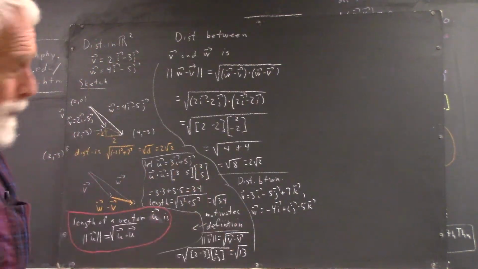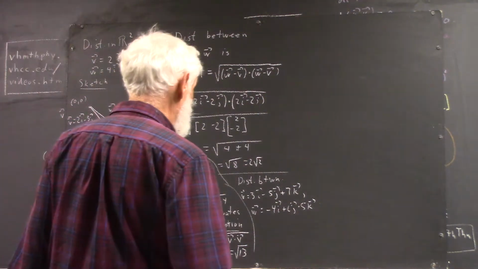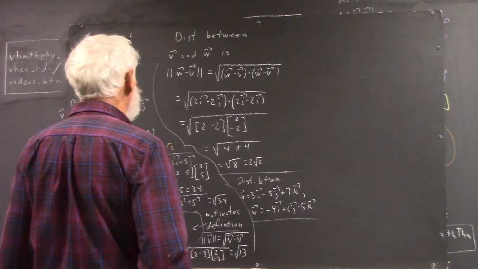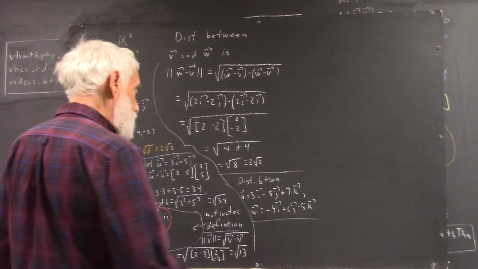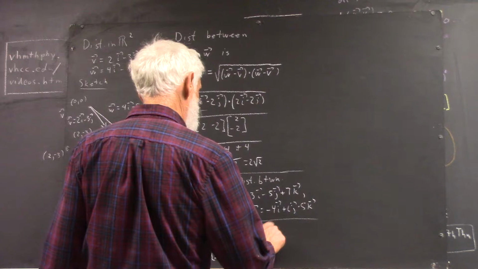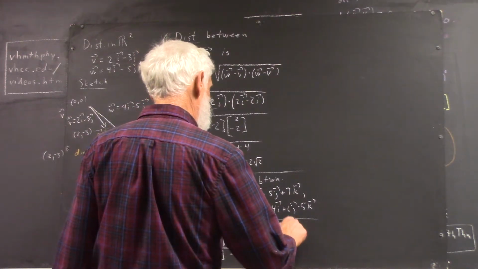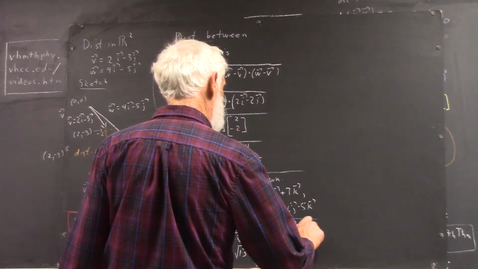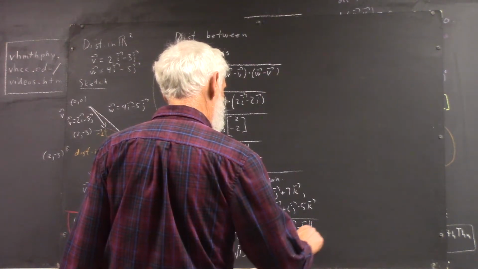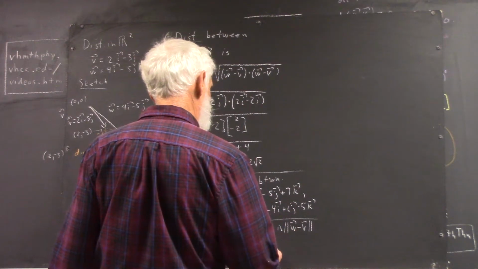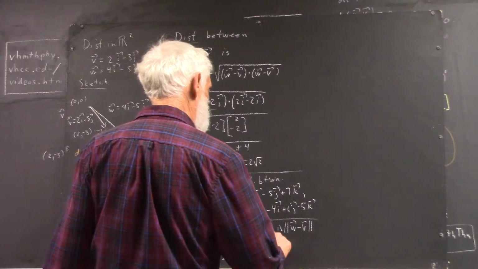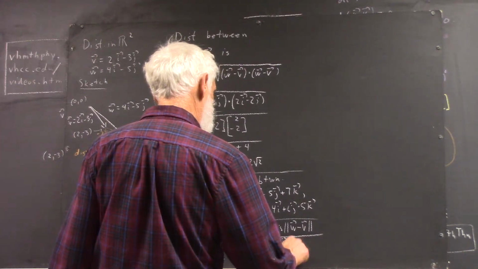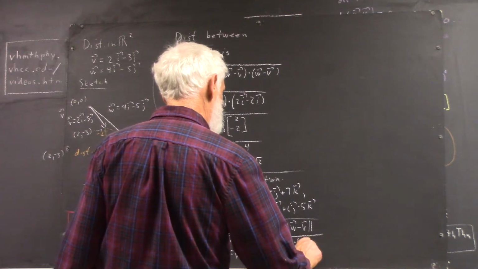Now, it's going to take a minute to write this out, so I hope you have, because I'm going on. Okay, well, distance is magnitude of w minus v equals the square root of w minus v dot w minus v.